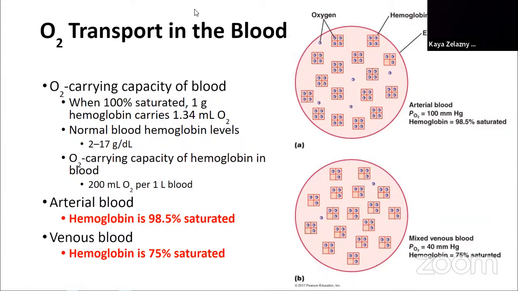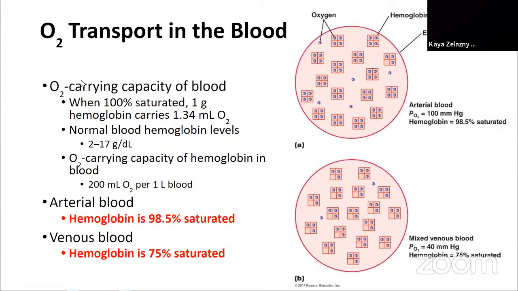So when hemoglobin is 100% saturated, when we have all those 4 spots for the oxygen filled up, a gram of hemoglobin is going to contain 1.34 milliliters of oxygen. We do the math out. The normal blood hemoglobin levels are 12 to 17 grams per deciliter.